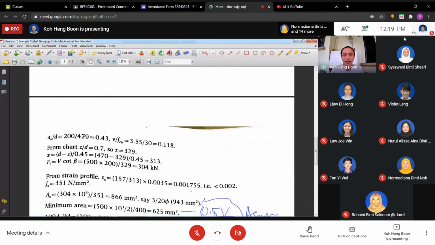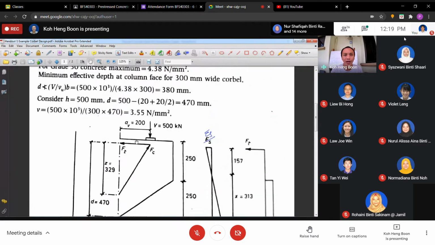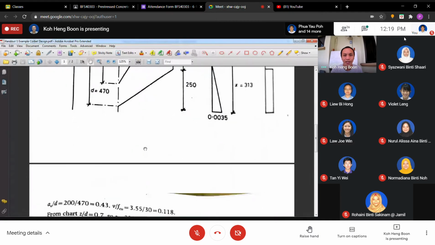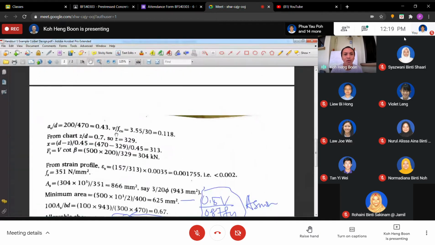D just now is based on the dimension, 0.43, and the stress over FCU. Stress is V over BD, 3.55, which we calculated just now. So now we have these two values.